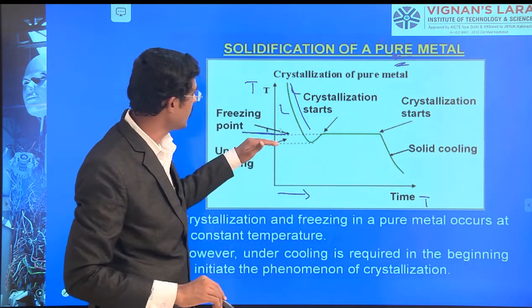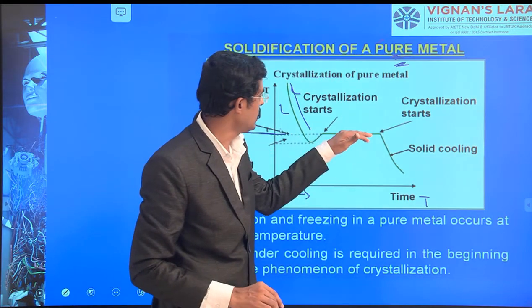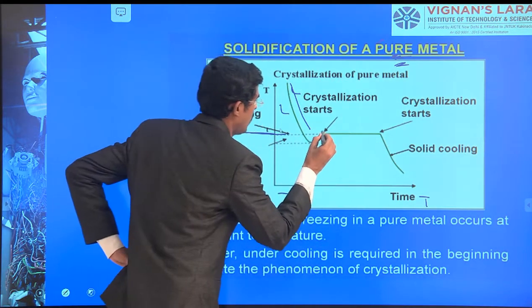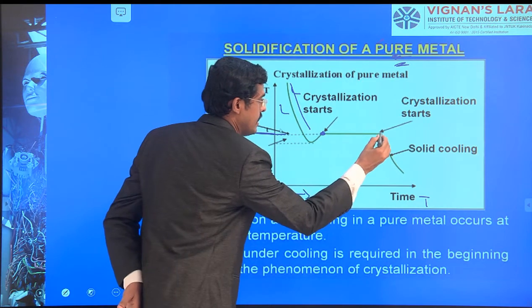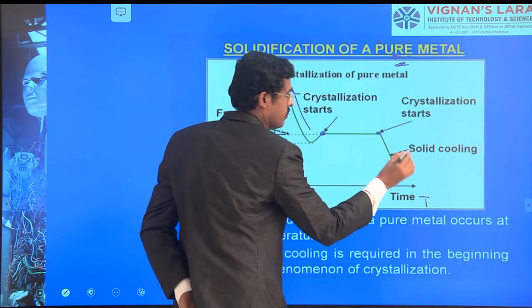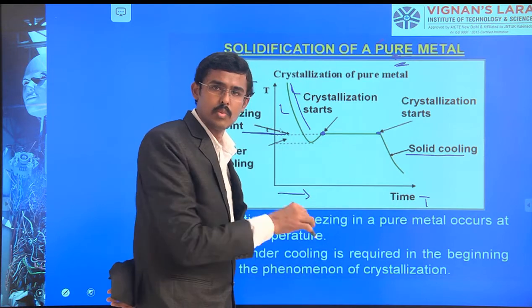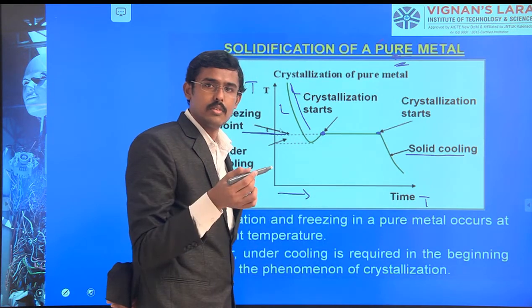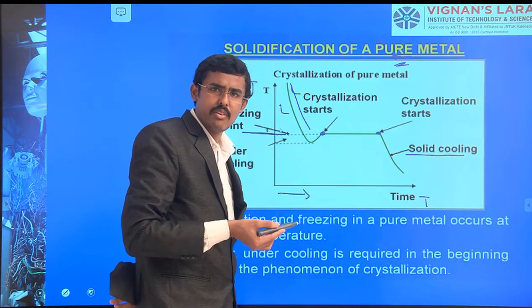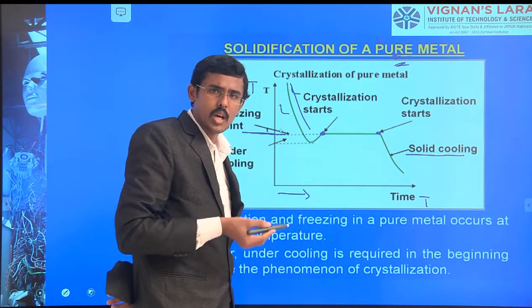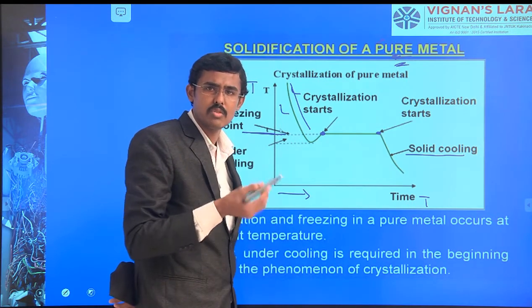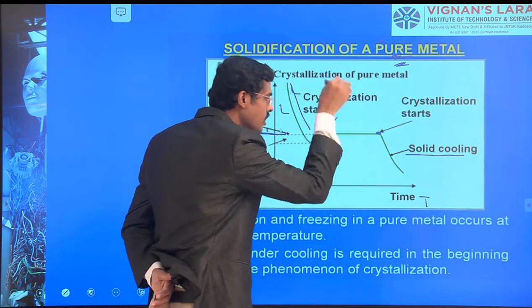At a single point, crystallization started and ended. It becomes a solid here. This is solid cooling. But solid cooling does not mean it is at room temperature. It may be from 1500 for steel, which is a pure material, then 1400, 1300. In such a way, from there it comes to room temperature here.